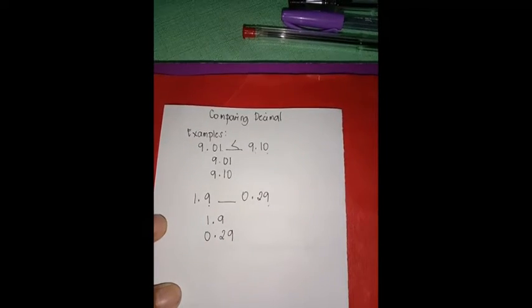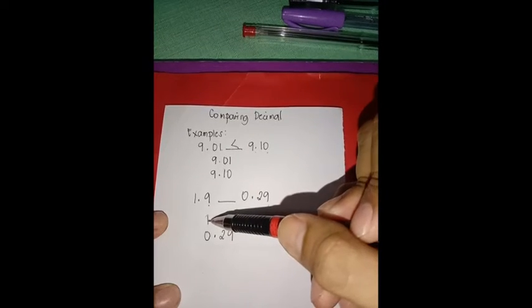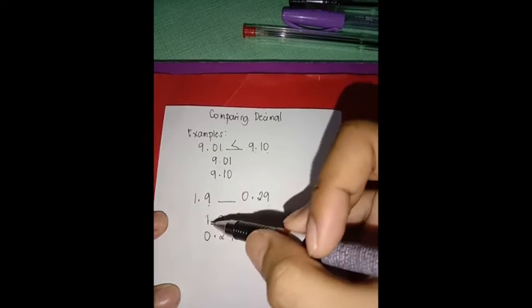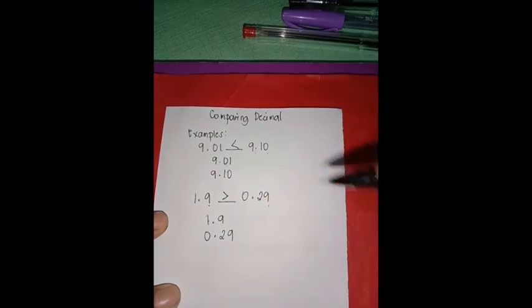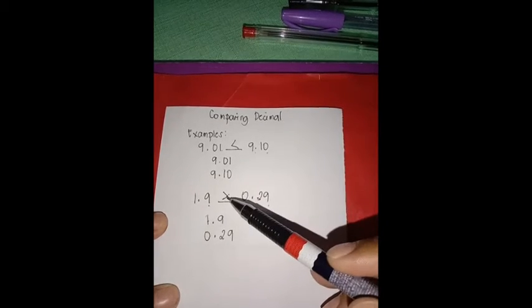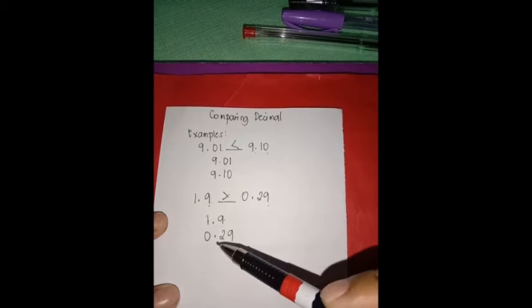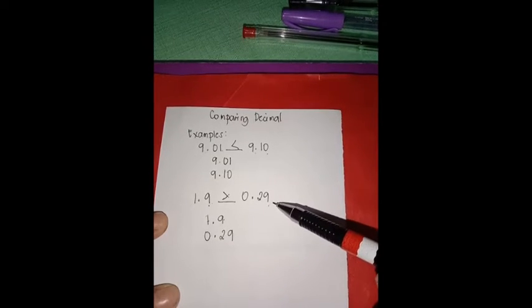Therefore, if you notice, we start on the left side, where the number 1 is the higher number. So the sign is greater than. So 1 and 9 tenths is greater than 0 and 29 hundredths.